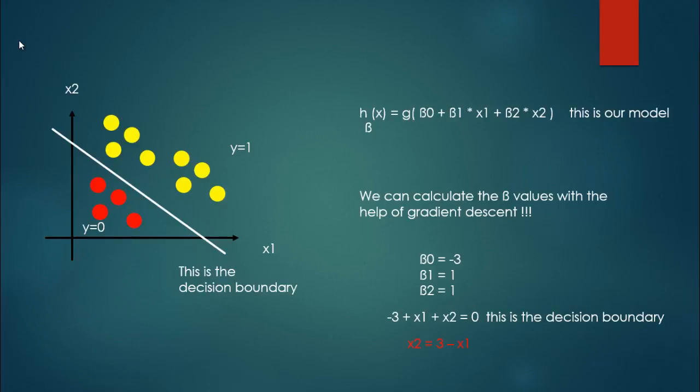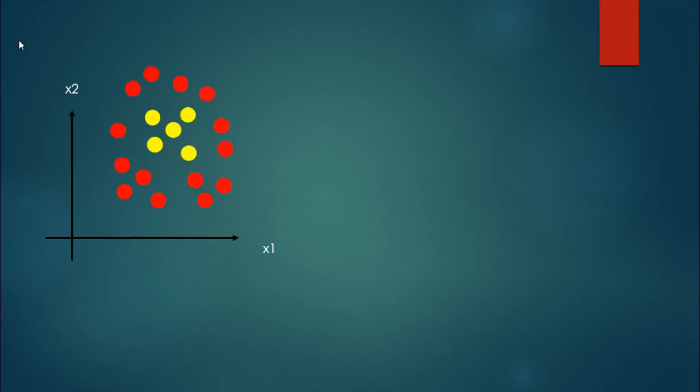But we can use this logistic regression for complex systems. For example, a situation like this. We want to create a model that will be able to detect whether this cluster is going to be red or yellow. So in our model, as we have discussed earlier, we are the ones who create these models. And in the previous example, we used the linear model.